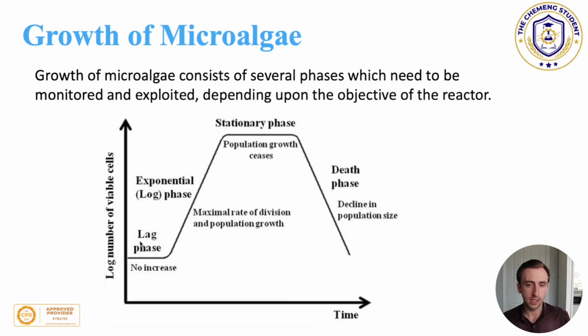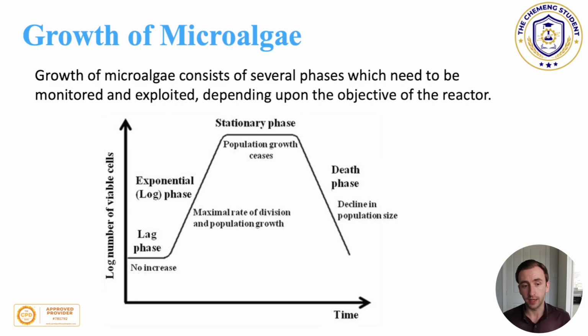So what this implies is that there is no real growth at this moment in time, and this can usually last a couple of days, depending on the species. But this is basically the time in which the microalgae or bacteria or macroalgae are adjusting to their new surroundings.